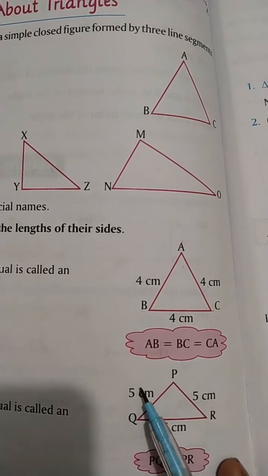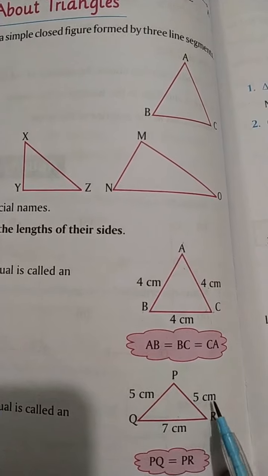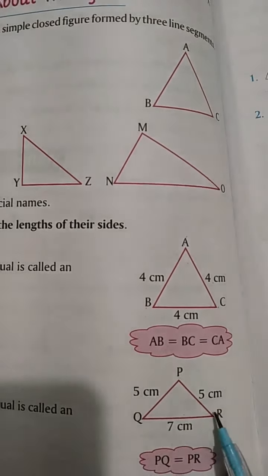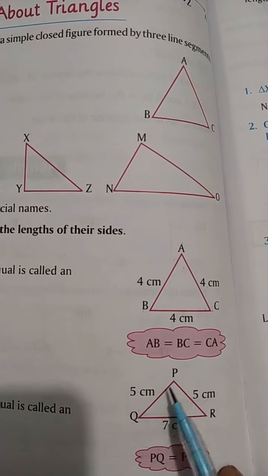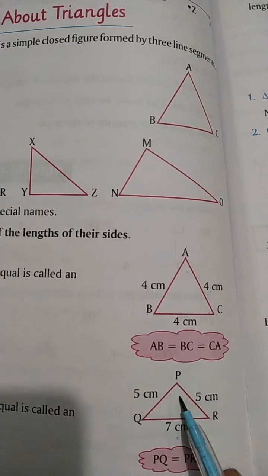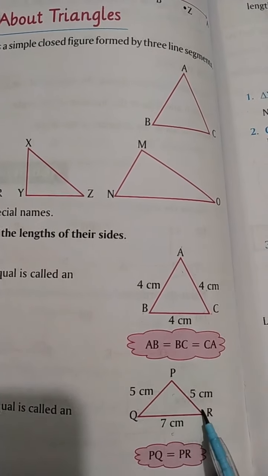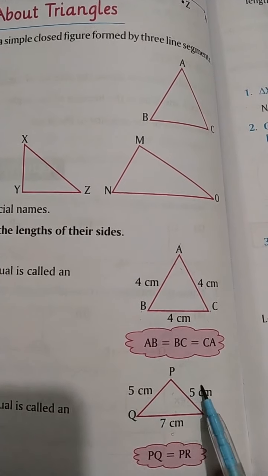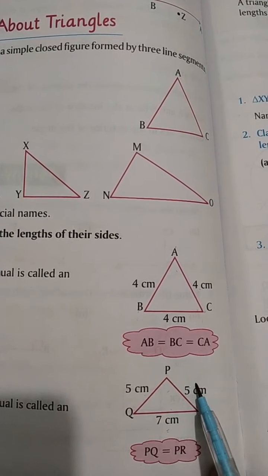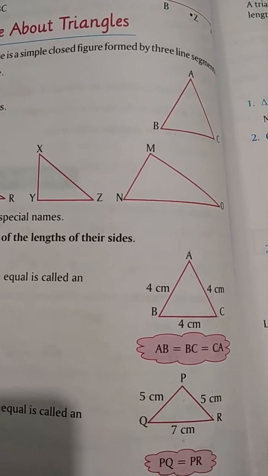PQ is 5 centimeter, PR is 5 centimeter and QR is 7 centimeter. As you can see, PQ and PR both are equal, but QR is different. So two sides are equal, which means isosceles triangle. In which two sides are equal, it is called isosceles triangle.